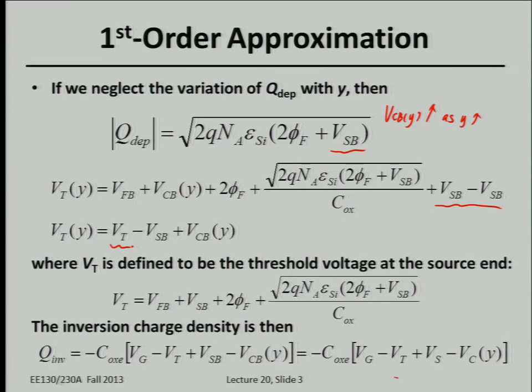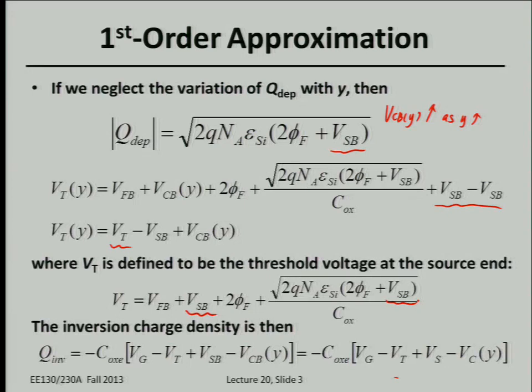The reason I mention that it's a redefinition of VT here is that if you go back to the previous expression and expand the VT terms, what you can find is that VT includes the potential difference between source and body, which is quite different compared with what we define for the two-terminal MOS capacitor, in which this term will just disappear, right?